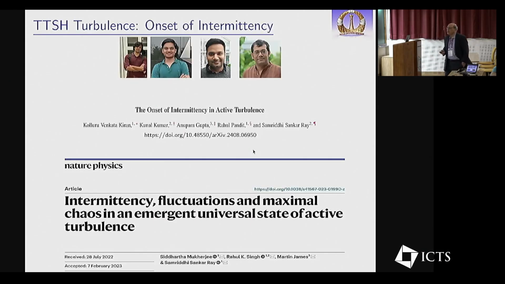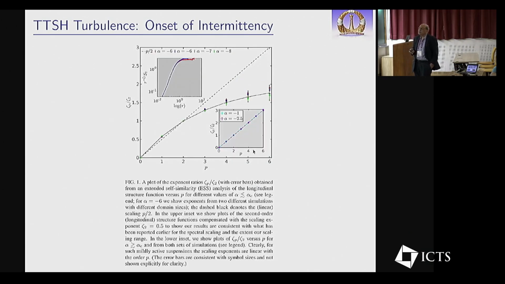What Shamriddhi and his colleagues showed is that if alpha is large and negative, you get into what they called a state of maximal chaos, with an emergent universal state of active turbulence. You can then ask, does it show intermittency? I will remind you that the simplest way to characterize intermittency is by looking at velocity increments, velocity at point x minus velocity at point x plus r.